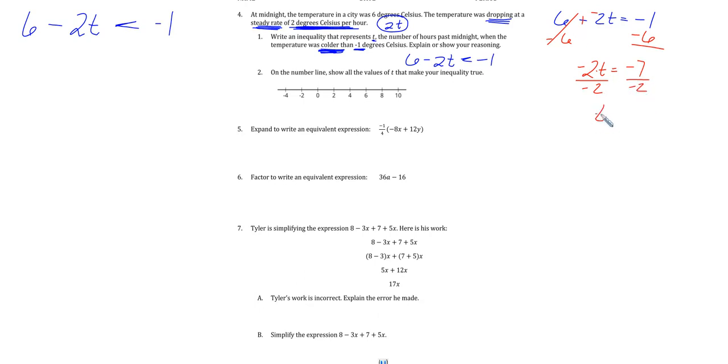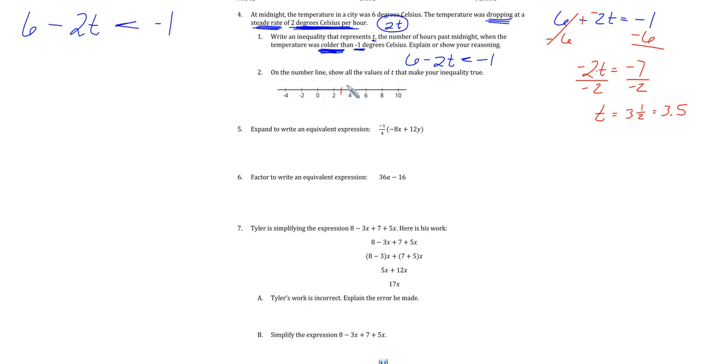That says that t is positive 3½, or if you worked it out, it might have been 3.5 on your calculator. So 3½ hours, anything past that, like 3:30 or beyond, it's going to be colder than -1 degree. So 3½ or greater. Less, it's not going to get that low. So you can kind of common sense that. I'm going to find 3½.